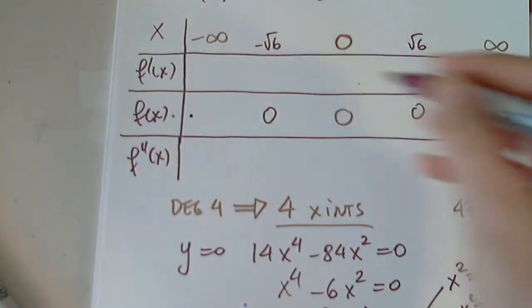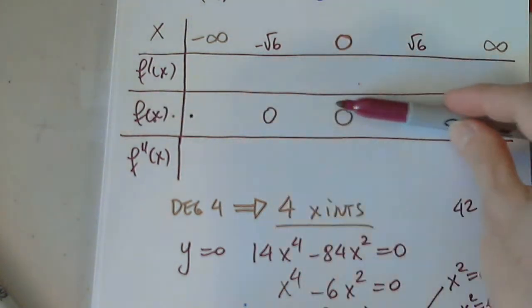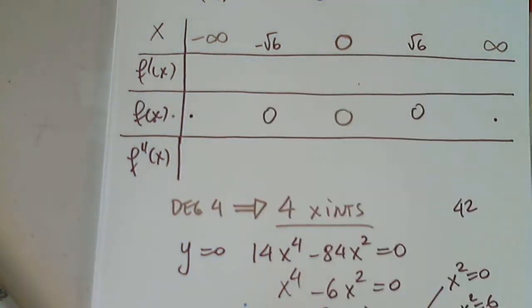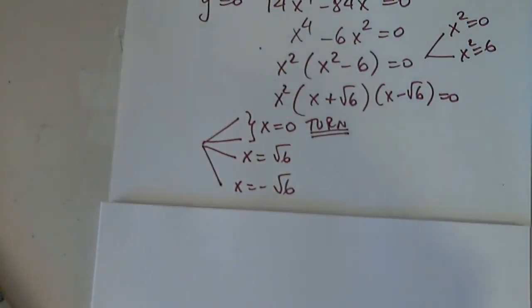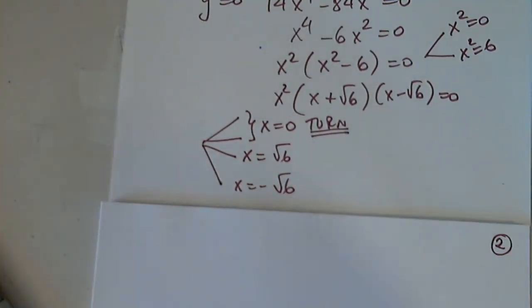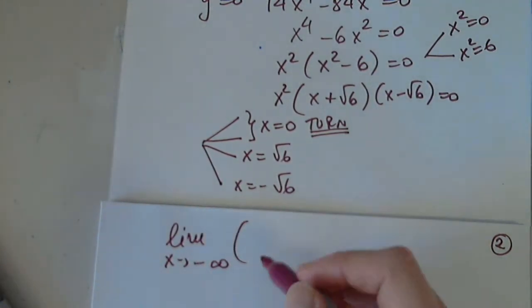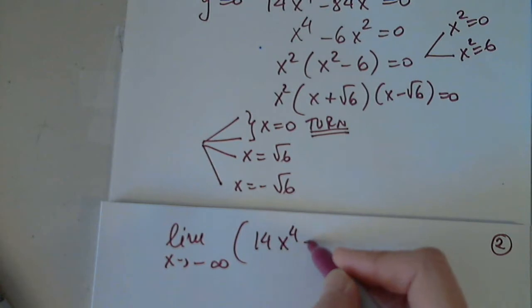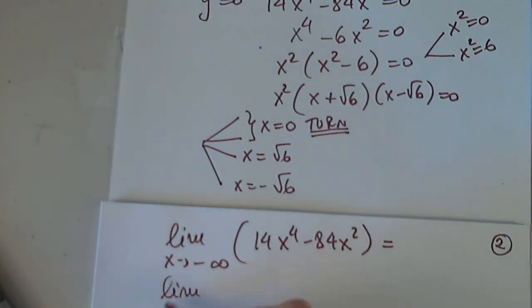The other thing I need to determine are these limits. And there is nothing else I can find about a function from the function itself, but I need those limits. Okay, so the limit as x approaches negative infinity of 14x to the fourth minus 84x squared, and the limit as x approaches infinity of the same thing, 14x to the fourth minus 84x squared.